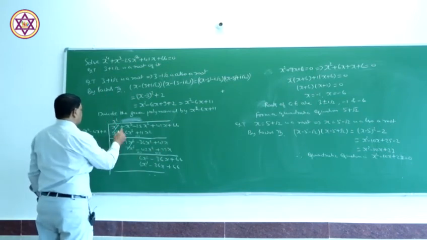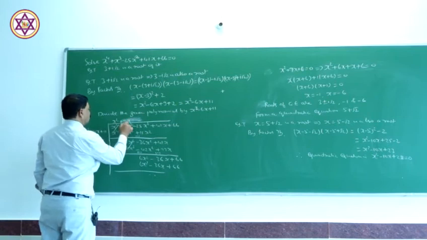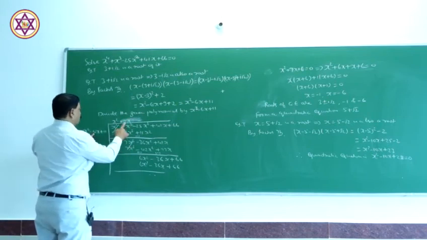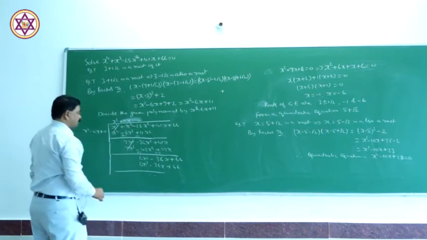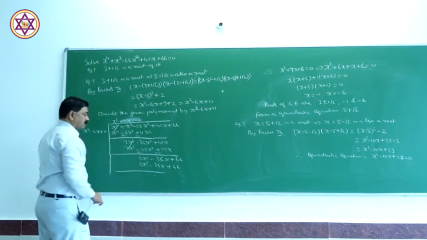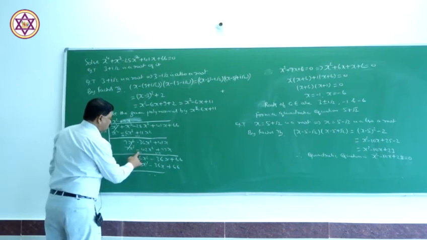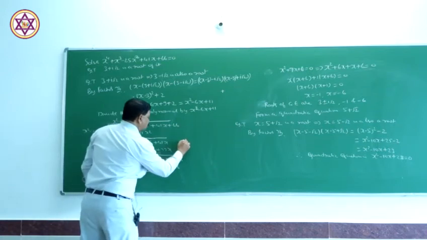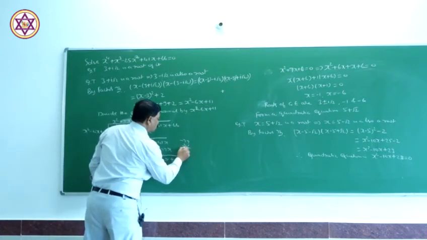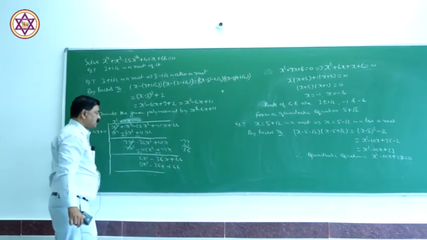Next the multiplier is 7, so we take 7x cube minus 42x squared plus 77x. Next 7x cube gets cancelled, negative changes to positive, plus 42 minus 36 means 6x squared, minus 77 plus 41 means minus 36x.